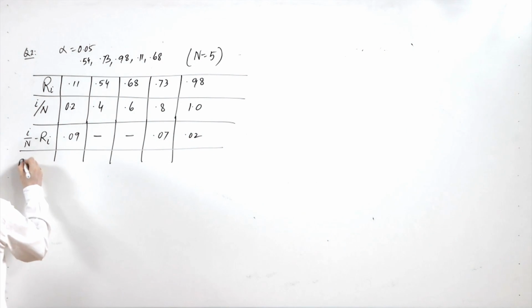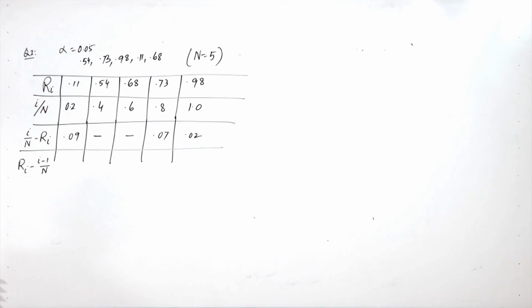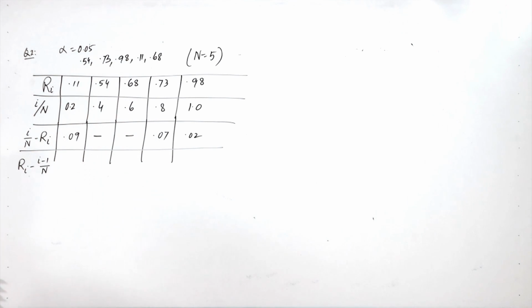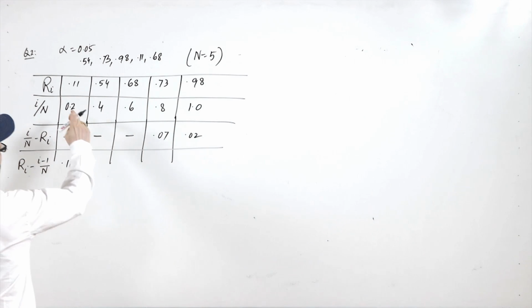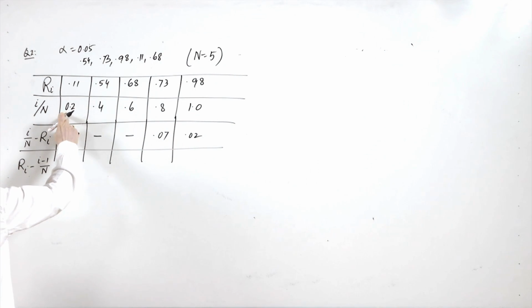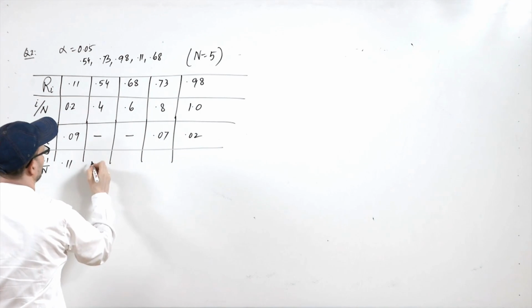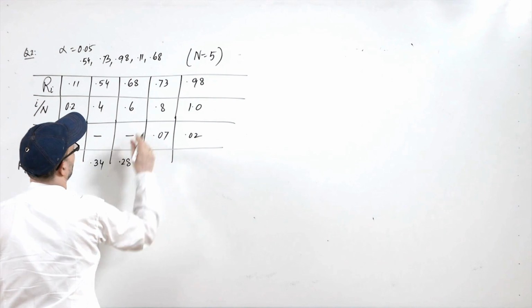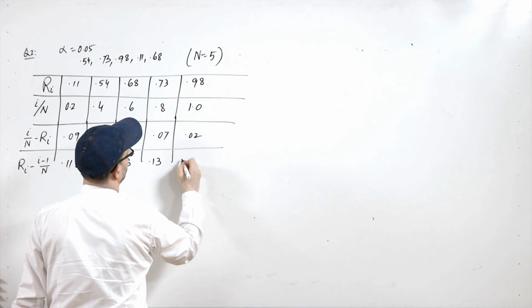Then Ri minus (i minus 1) upon n. In this case Ri will be subtracted with (i minus 1) upon n, so this will be 0.11. Now 0.54 minus 0.2 is 0.34, 0.68 minus 0.4 is 0.28, 0.73 minus 0.6 is 0.13 and 0.98 minus 0.8 is 0.18.